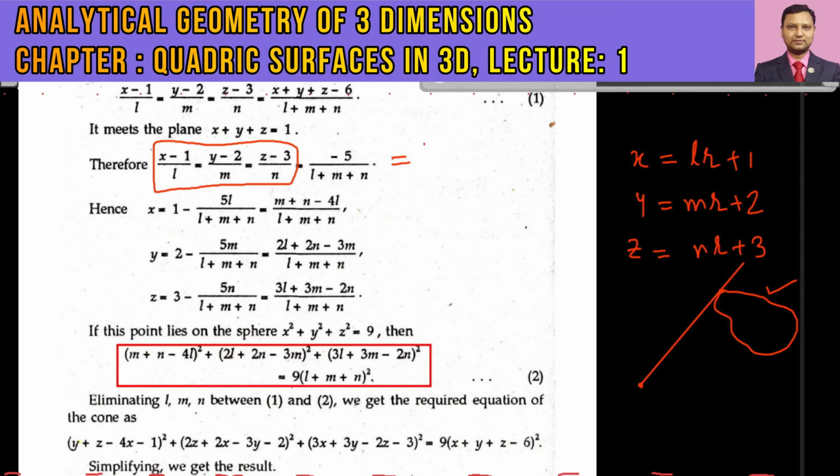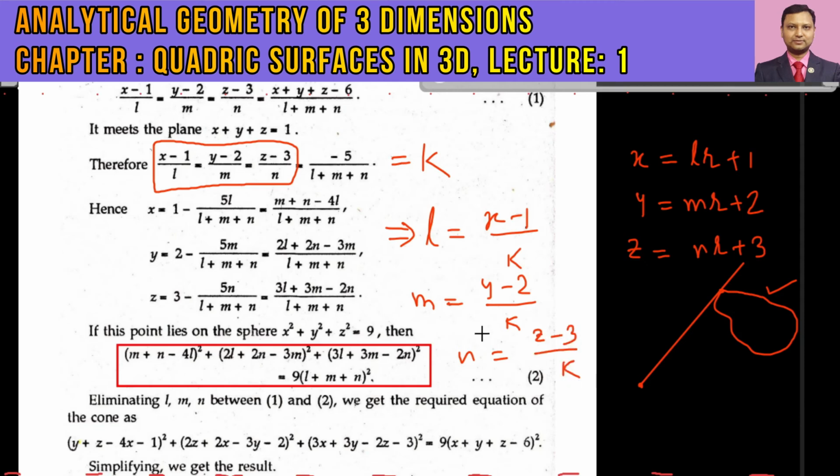We just considered r, so rather we can put k. So what would be the expression of l? l would be equal to x minus 1 by k. Similarly, m would be equal to y minus 2 by k, and n would be equal to z minus 3 by k. So we put these expressions of l, m, and n in this relation.